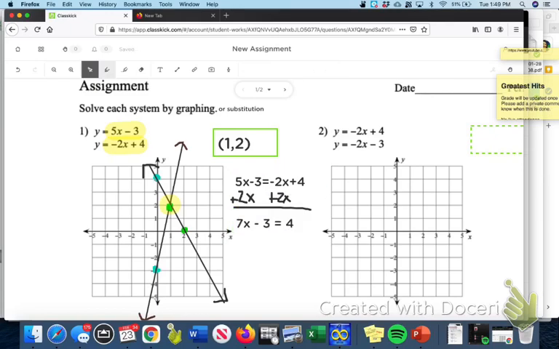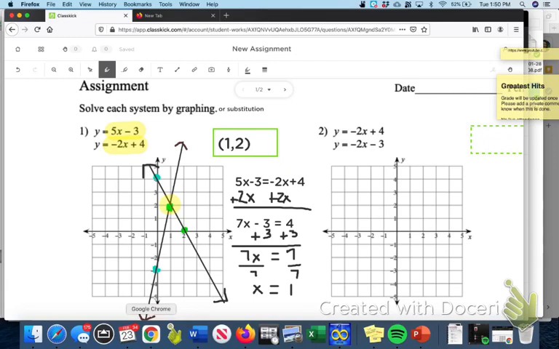I'll add 3 to both sides, so that I've got 7x is equal to 7. And then divide both sides by 7 so that x is equal to 1.